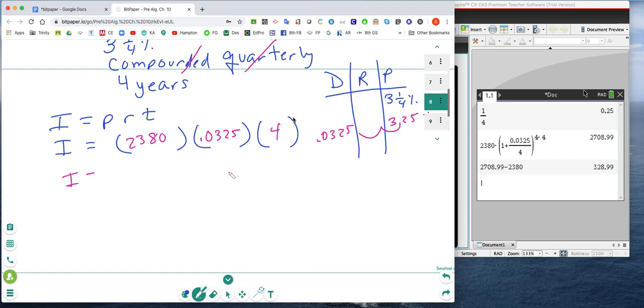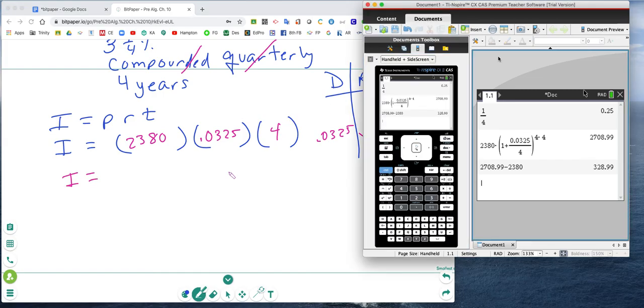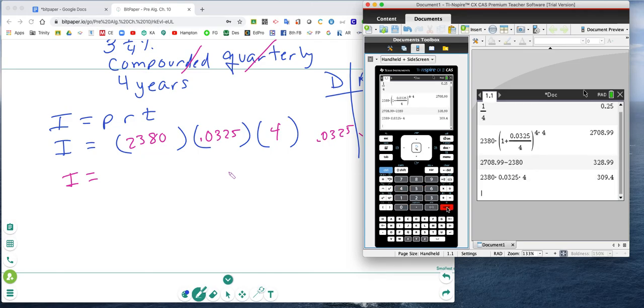I equals, go back to my calculator, 2380 times 0.0325 times 4, enter. So my interest here is 309 decimal 4, and I have to put my 0 in there.